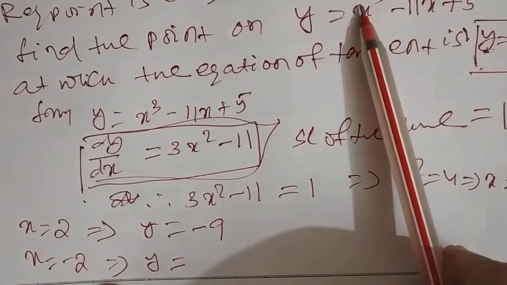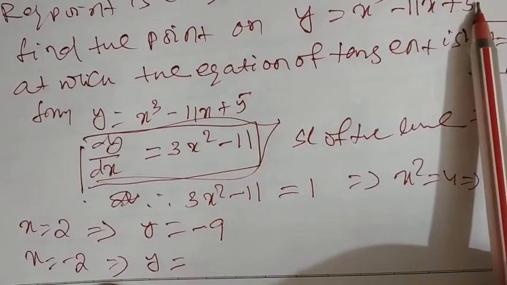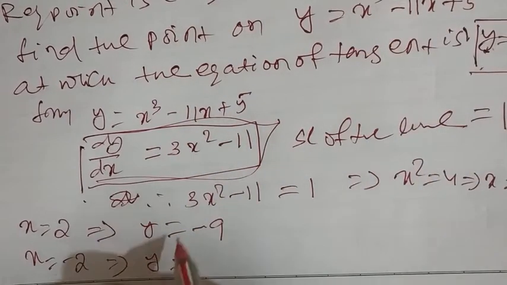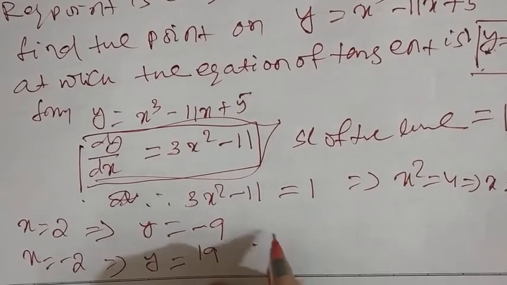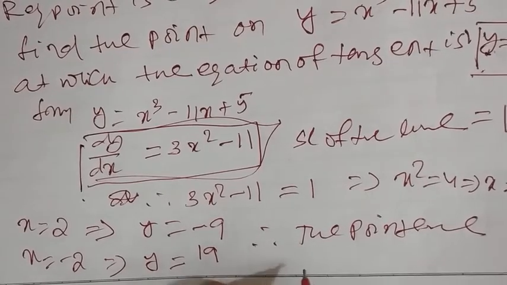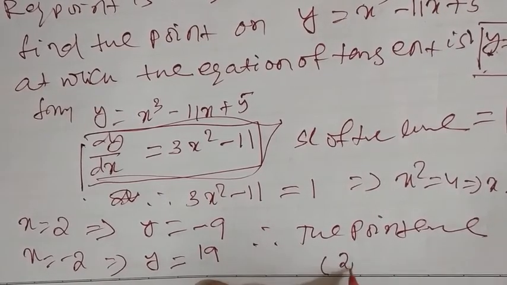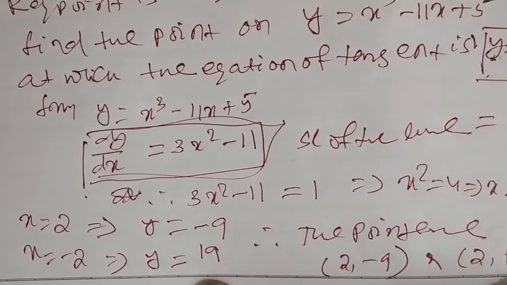Minus 8 plus 22 plus 5. Okay, that is 19. Therefore the points are what? 2 minus 9 and minus 2 19. Getting the idea?